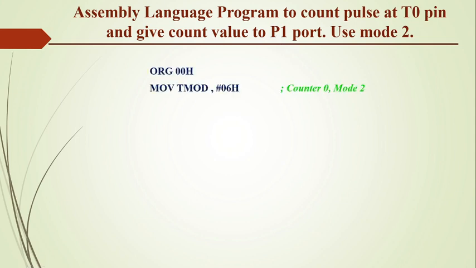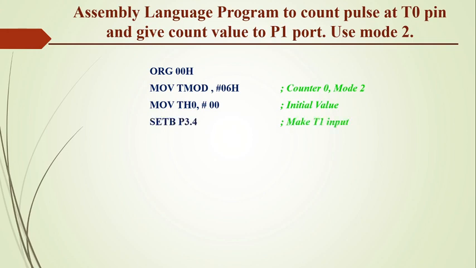So this is our initial address. Then we are selecting counter 0 in mode 2 using the instruction MOV TMOD, #06H, and here we are initializing the TH0 register, that is the starting value.